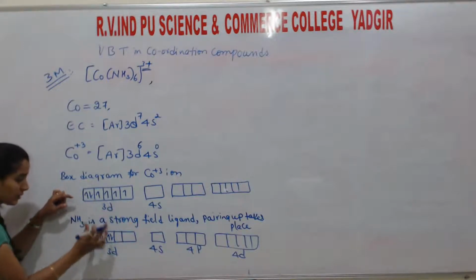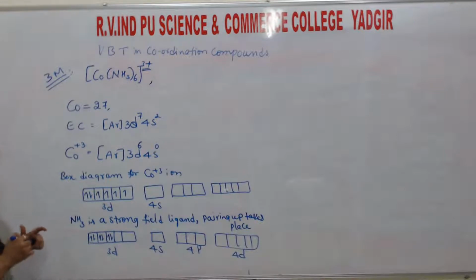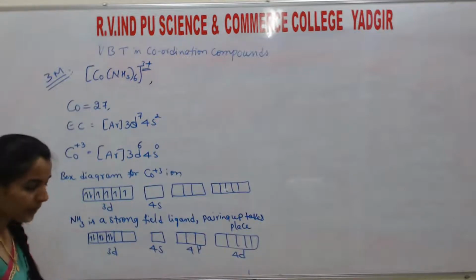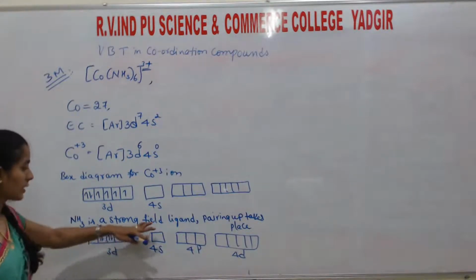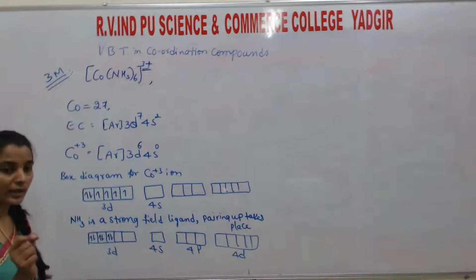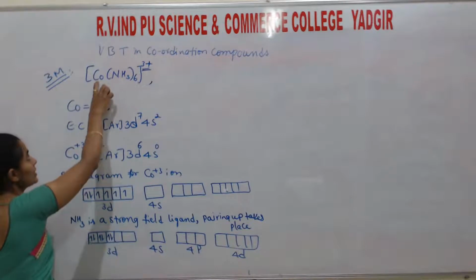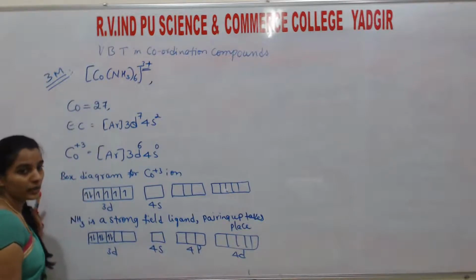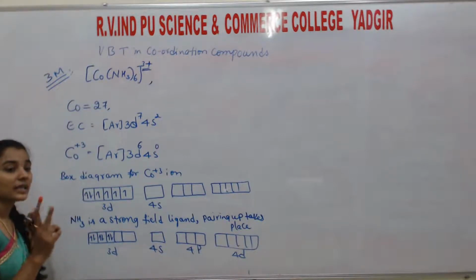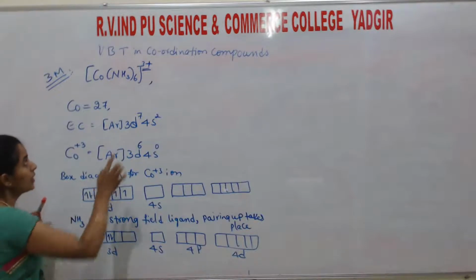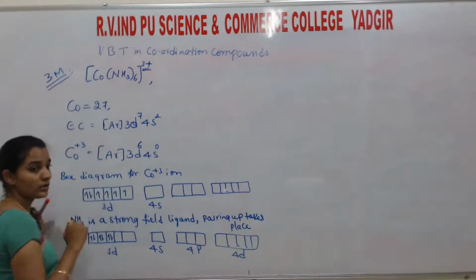So 6 electrons are there, and the 6 electrons get paired up. So students, after pairing up takes place based on the ligand, you have to check how many bonds are bonded to this cobalt atom. Here you have to check the secondary linkage.